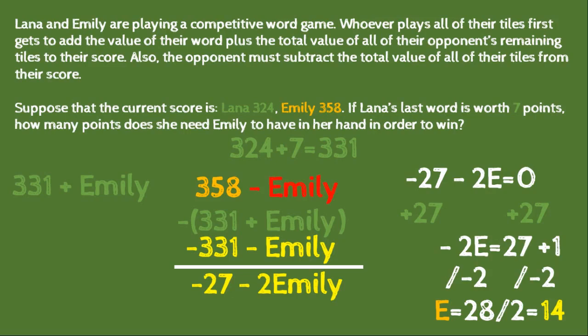We divide by 2 on both sides. That would be Emily alone equals 28, remember 27 plus 1 more point so that she can win, divided by 2. 28 divided by 2 equals 14. She has to have at least 14 points in her last hand in order for Lana to win.